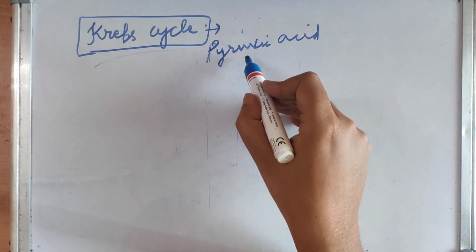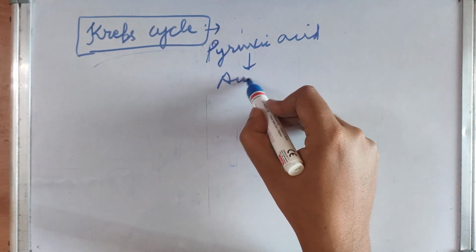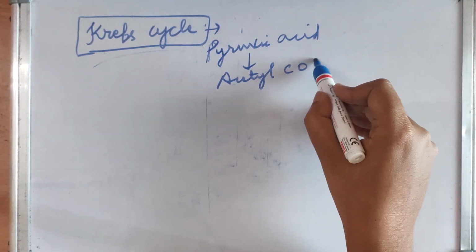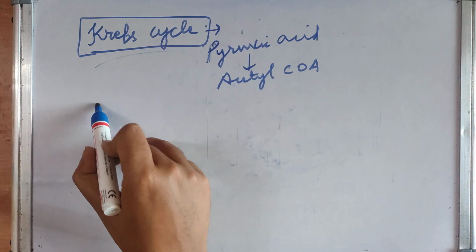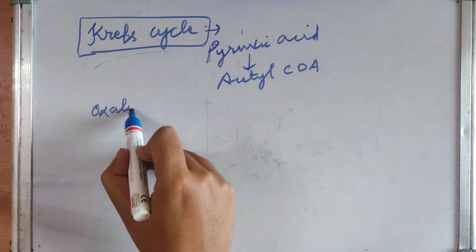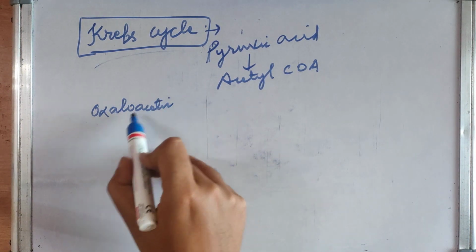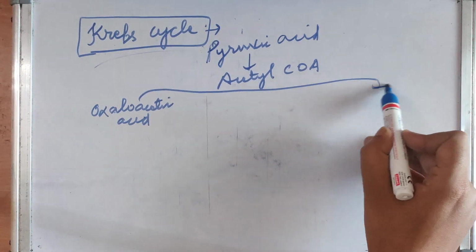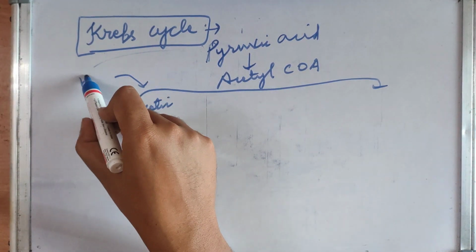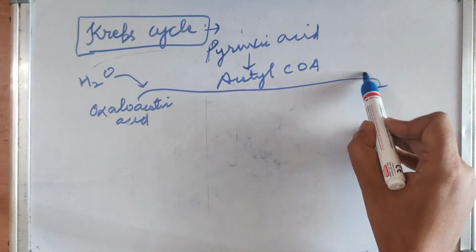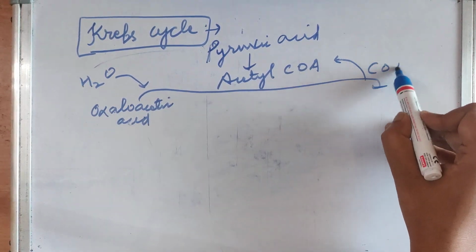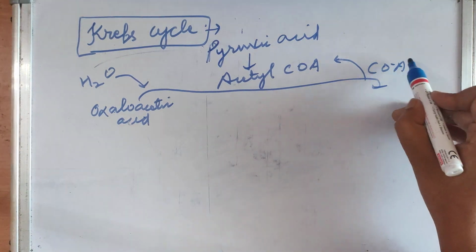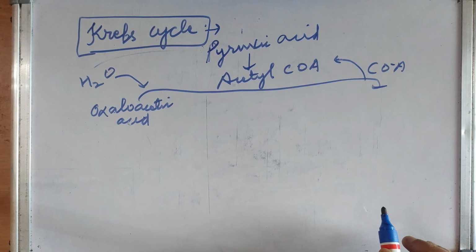So here pyruvic acid converts into acetyl CoA. Here oxaloacetic acid, here H2O comes in, and CoA, coenzyme A, goes to acetyl CoA.